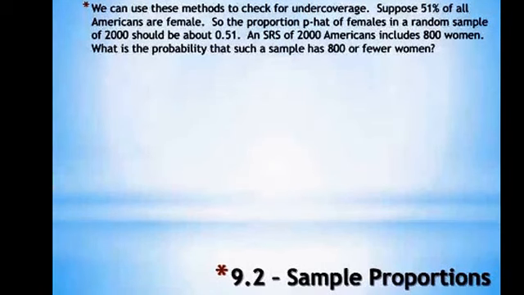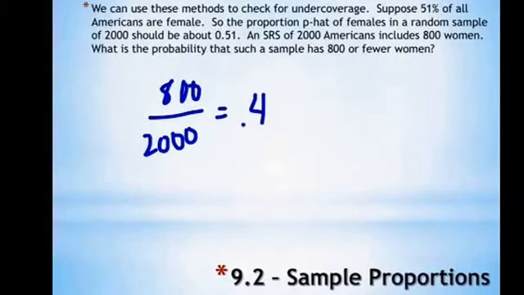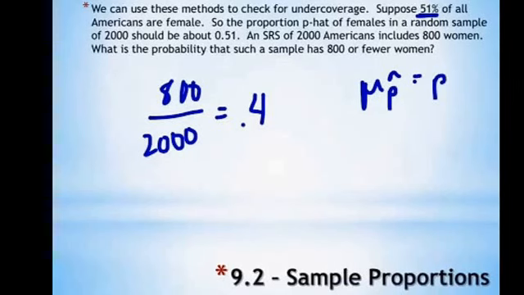800 is going to give us 800 out of 2,000, a proportion of 0.4. And our p-value is 51%, so that's our mean. Remember, the mean of p-hat is equal to whatever p is. And since they said all Americans, we know that the parameter is p.